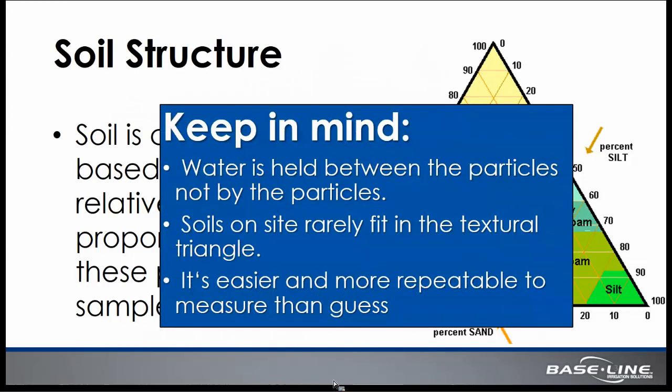The thing to keep in mind is, as I mentioned before, the water is held between the particles and not by the particles themselves. In reality, soils on any given site rarely fit in the textural triangle. The textural triangle identifies 70 different soil types, but in reality there are hundreds and hundreds of different soil types that may exist on any given site.